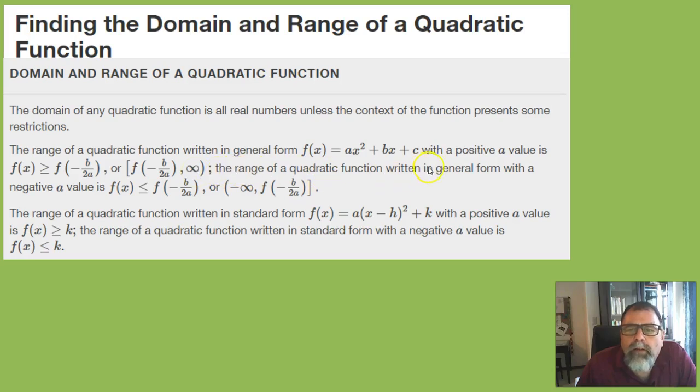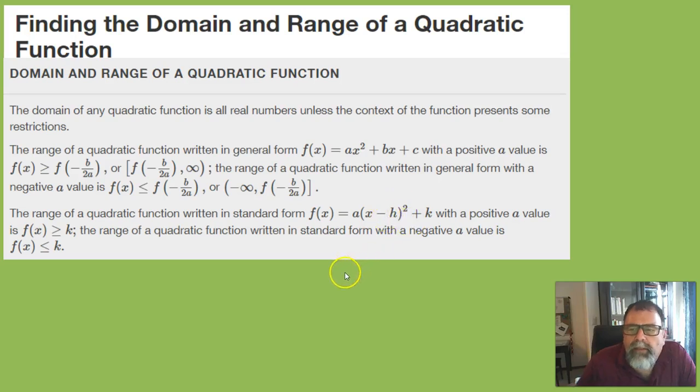The range of a quadratic function written in general form with a negative a is the other way around. So basically that's a parabola that's opening down, and your range is going to be from negative infinity up to that k value of the vertex. Okay, the range of a quadratic function written in standard form, you can kind of relate it, right?